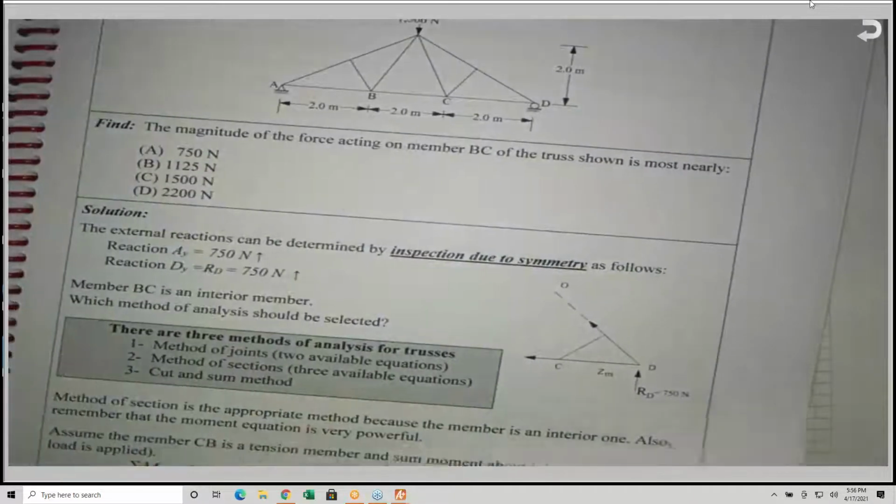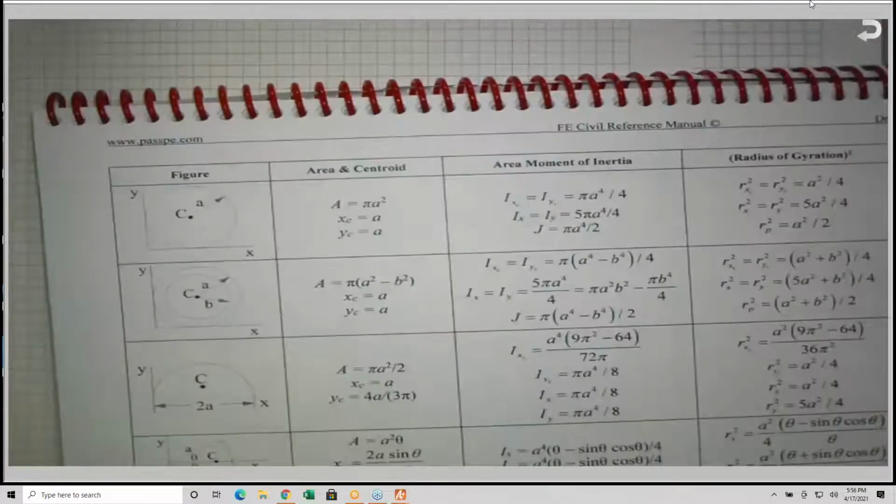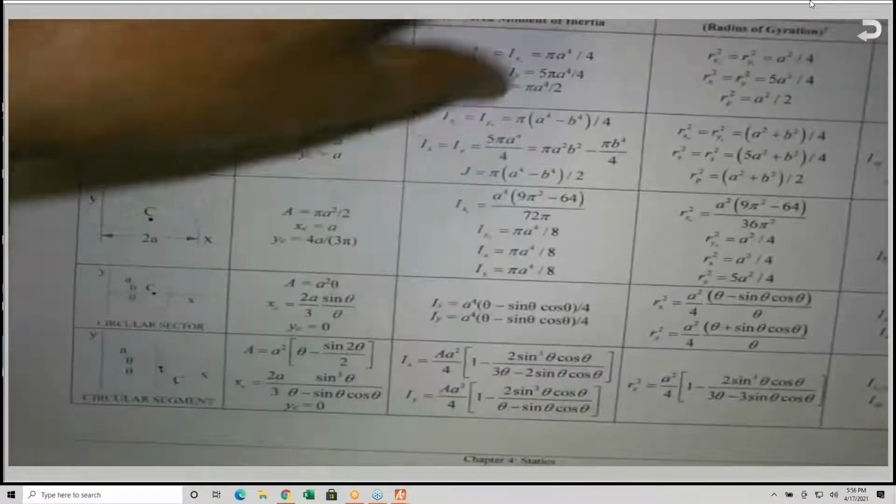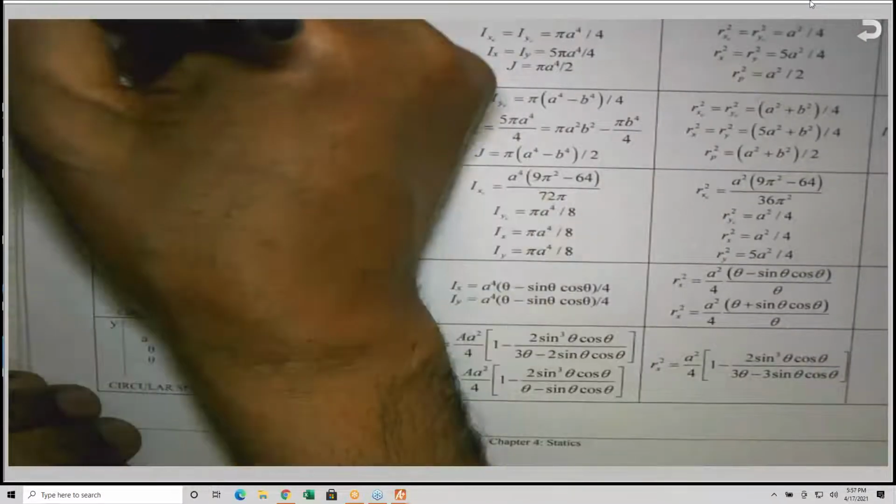Let me take you to the two tables I was talking about and show you the circle. This is the second page of the table. It is in my book on this chapter on page 41.